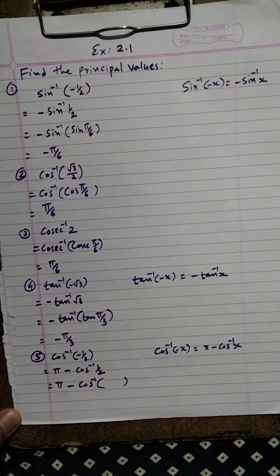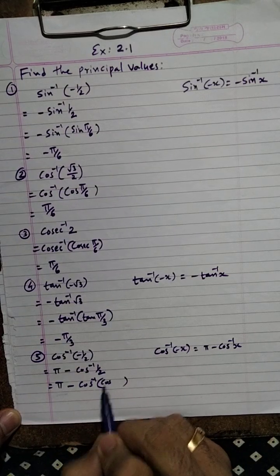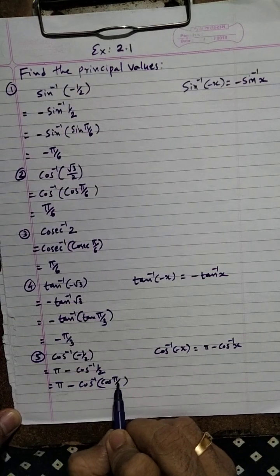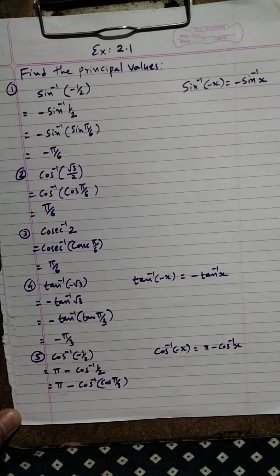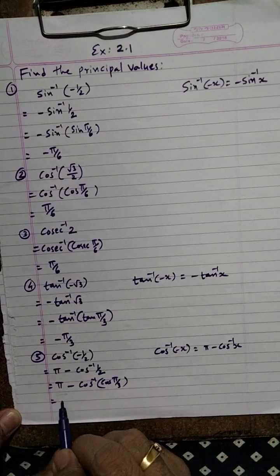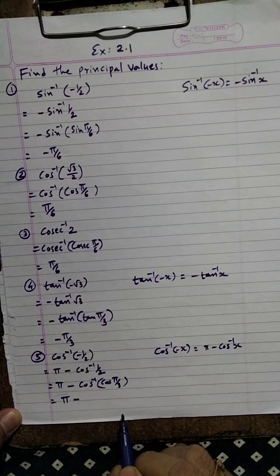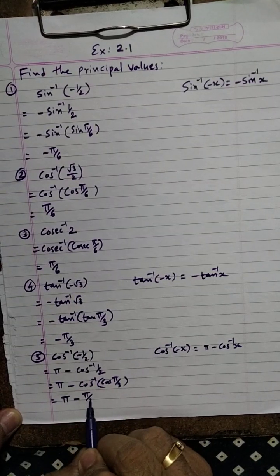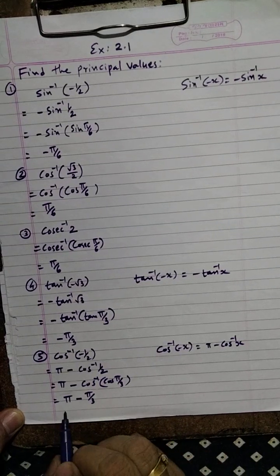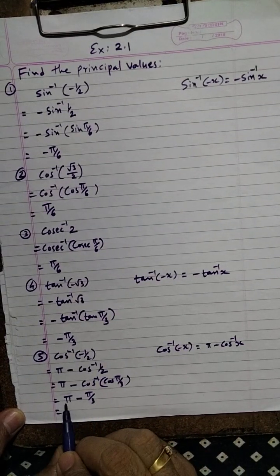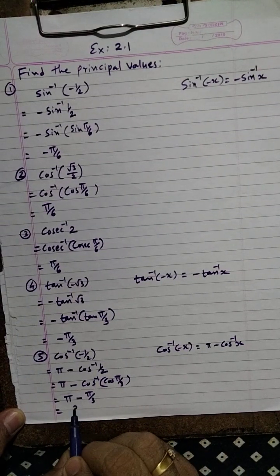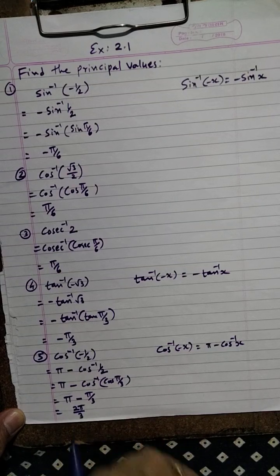Instead of 1 upon 2, we can write cos pi by 3. Cos pi by 3, that is 1 upon 2, is equal to pi minus cos inverse and cos, they will be cancelled, pi upon 3. Our answer will become 3 ones are 3 minus 1, 2 pi upon 3.